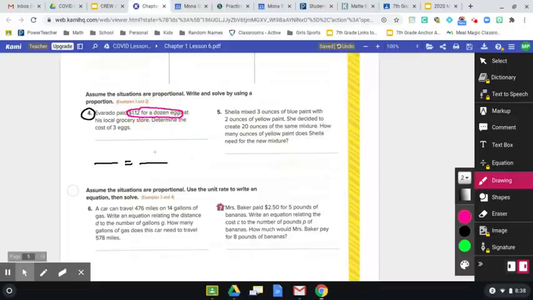We need that for our proportion. Determine the cost for 3 eggs. You have 3 eggs. I'm going to circle that information, and I'm going to underline what you're solving for. Determine the cost. So you want to know how much it is for 3 eggs.